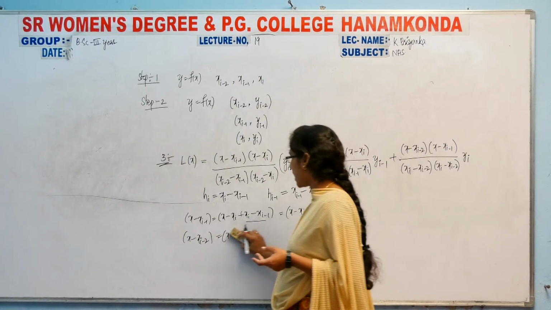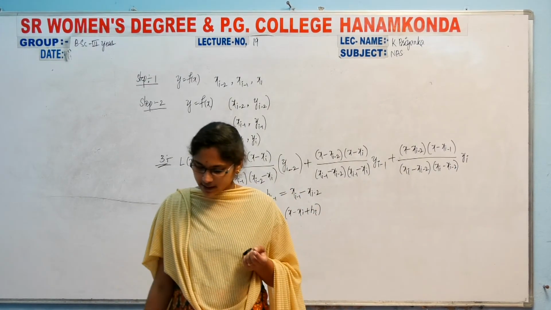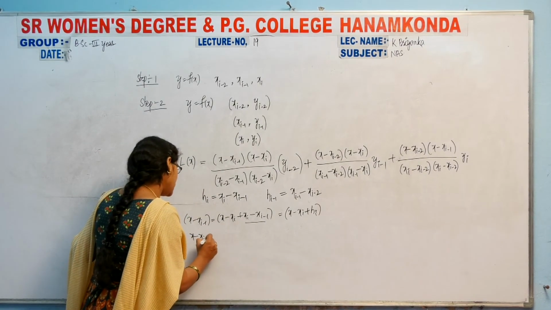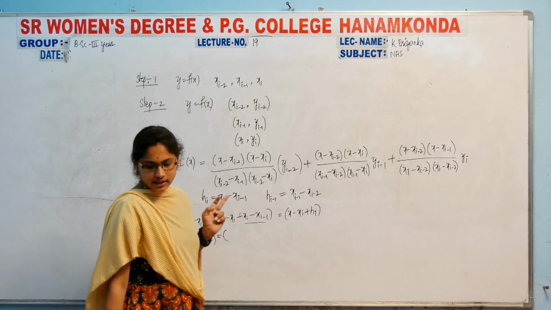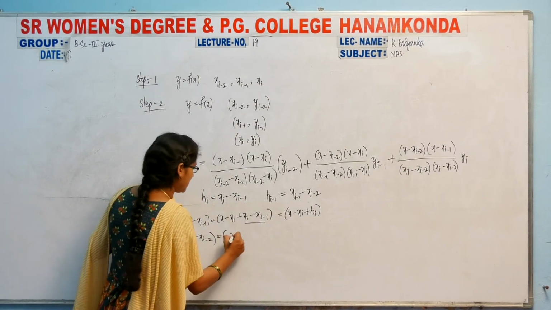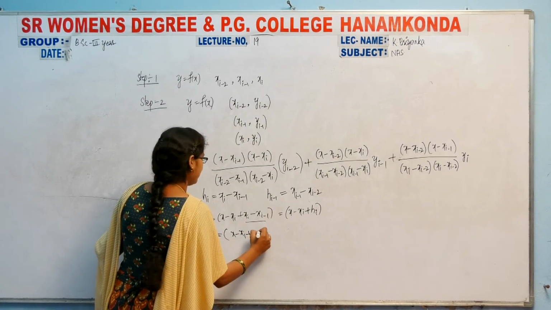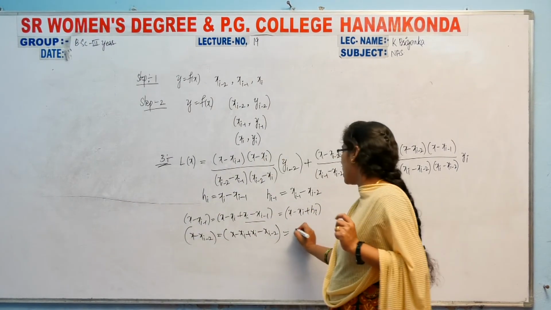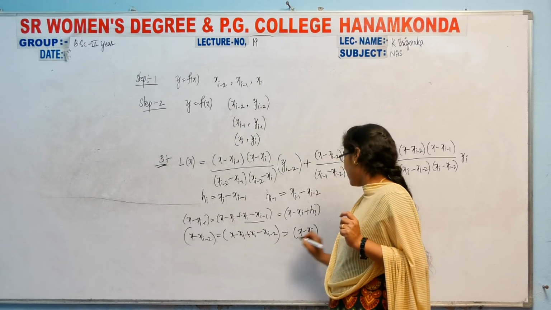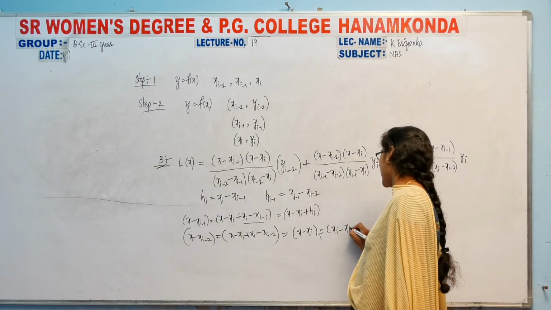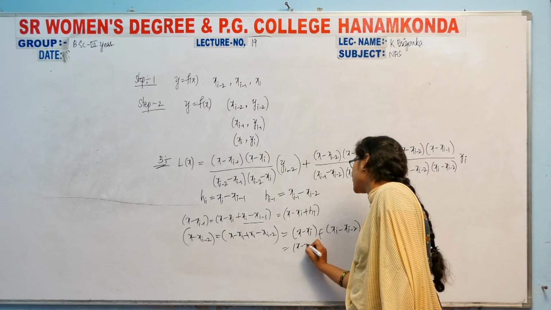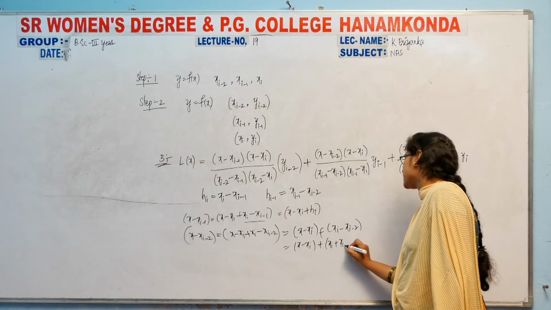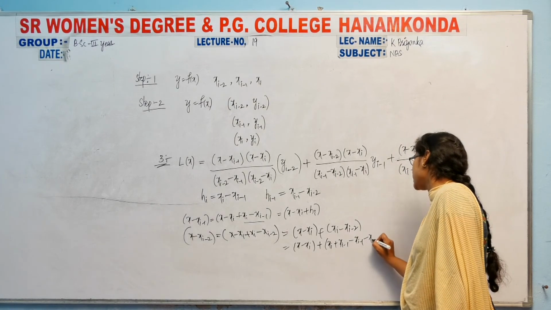So for this again we take another alteration: x minus xi minus 2 is equal to x minus xi plus xi minus xi minus 2, which is equal to x minus xi plus xi minus xi minus 1 plus xi minus 1 minus xi minus 2.